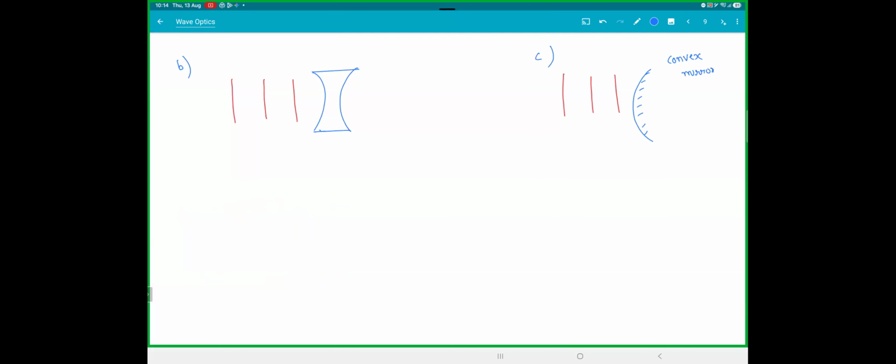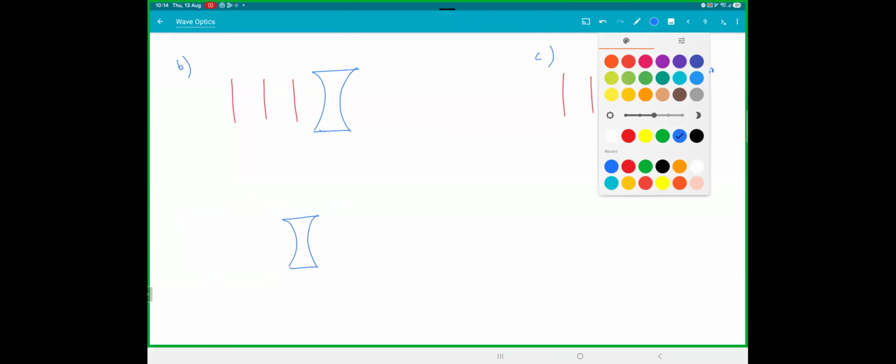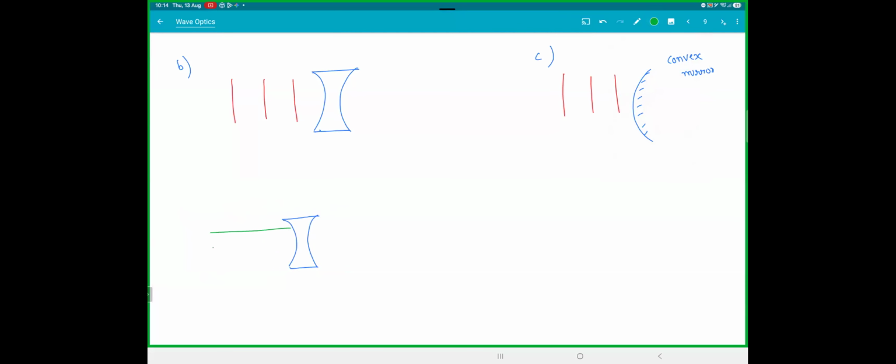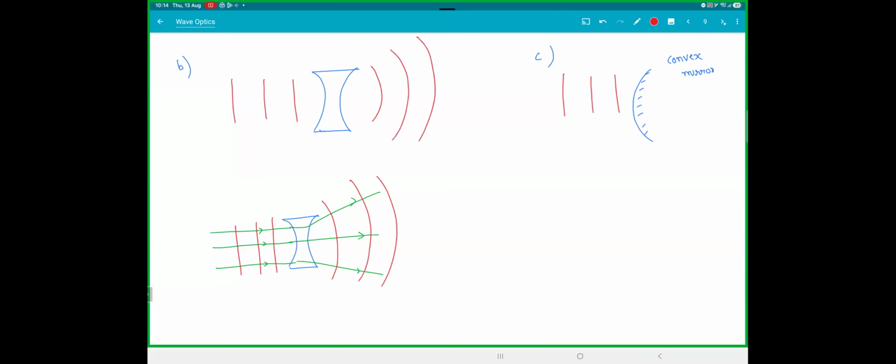I'll draw the prism on the next page. Again, see, this is how you draw. So take this one. If you send parallel rays, they will diverge. So first you always convert this into light rays and then you draw them. This is the plane wavefronts. And look at these wavefronts here. They're diverging and becoming bigger. So if you send plane wavefronts here, they will come out like this.